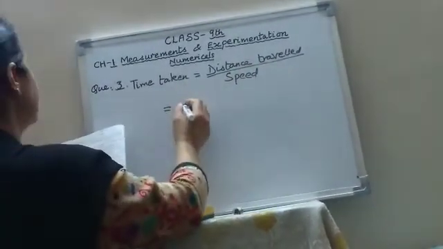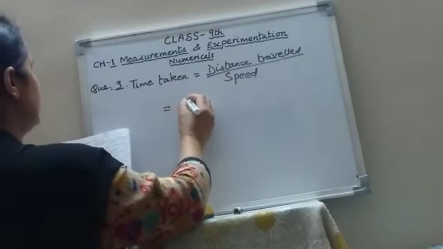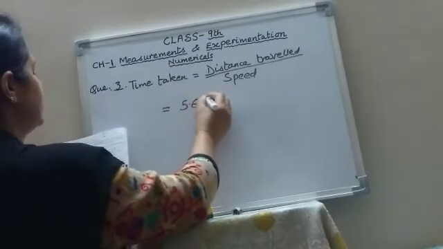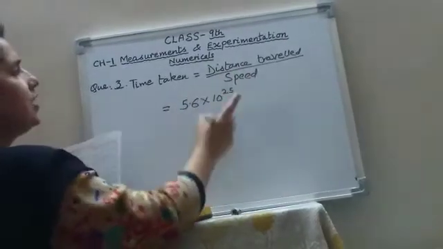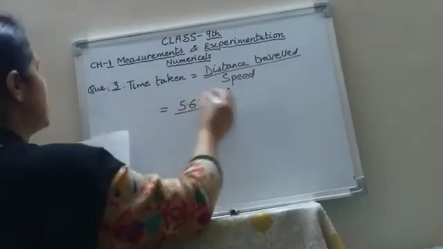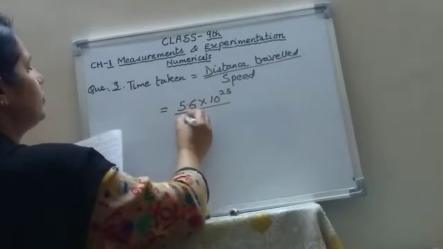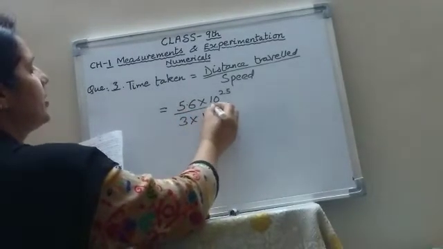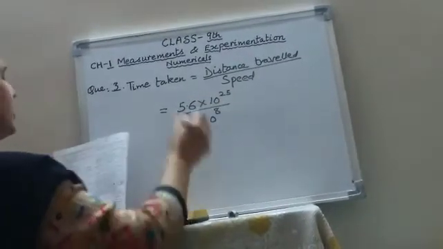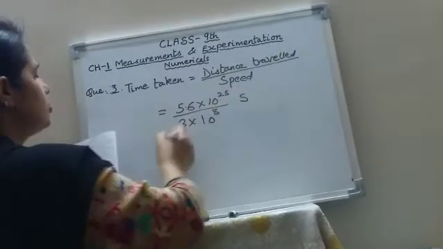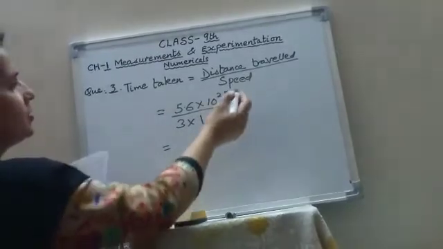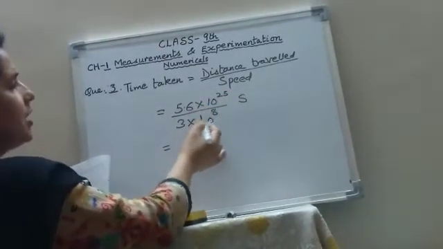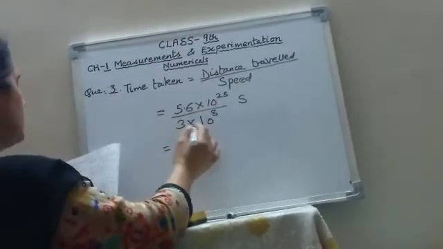Now how much distance is a galaxy from the Earth? 5.6 into 10 to the power 25. So light will have to travel this much distance. And what is the speed? 3 into 10 to the power 8 meter per second. So when you solve this, you will get the answer in second, because distance you are taking in meter and speed you are taking in meter per second.